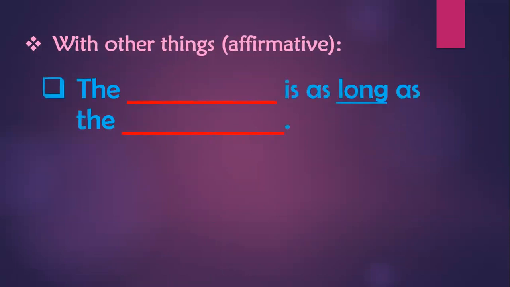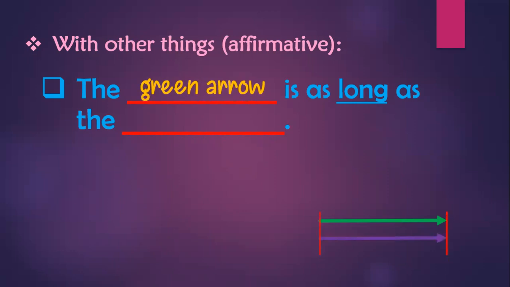Another, with other things. Look here. The is as long as the. That is an arrow. We can say the green arrow is as long as the purple arrow.